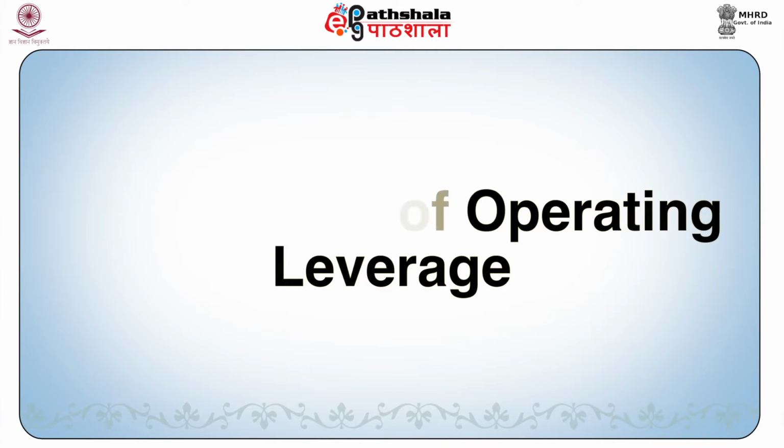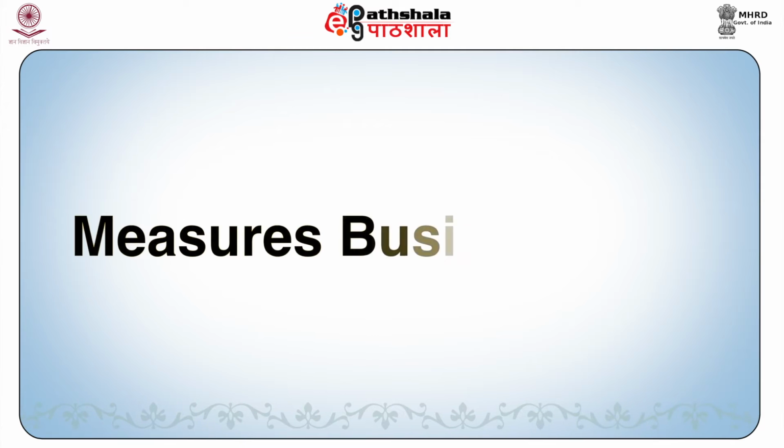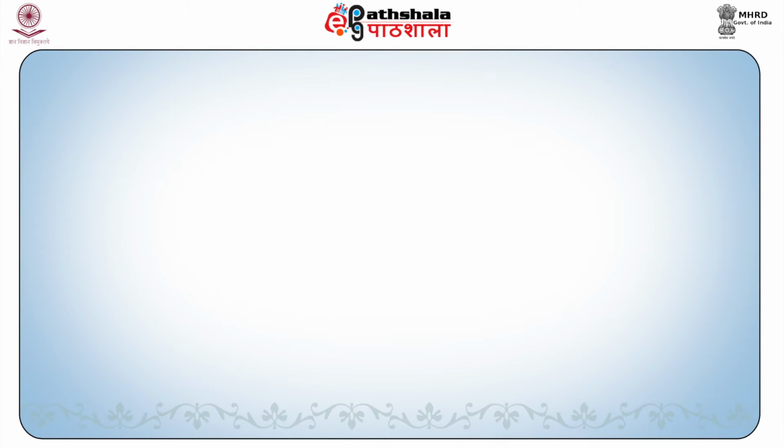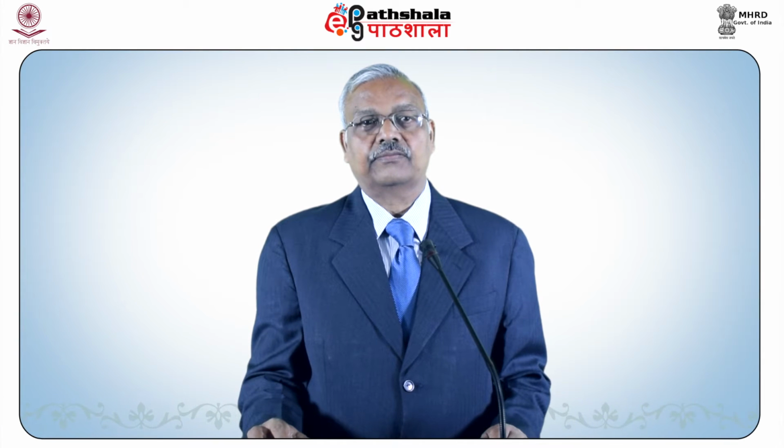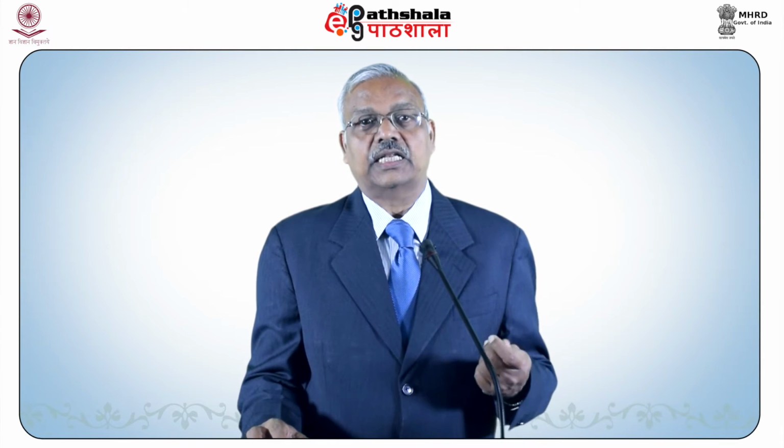Significance of operating leverage. It measures business risk. We know that the higher DOL means more sensitive is EBIT to a given change in unit sales. There is a greater risk also. A slight decrease in sales might erode the EBIT of the firm.